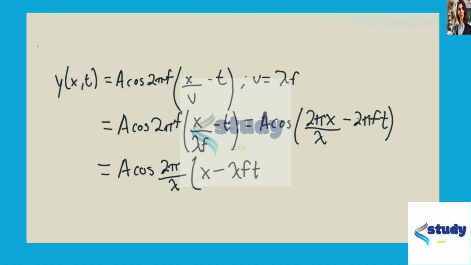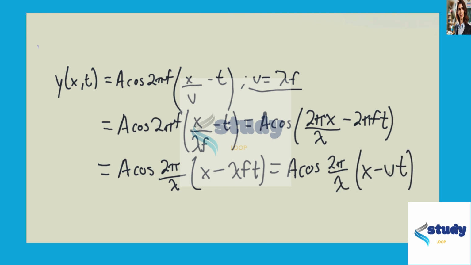So we're essentially multiplying this term by lambda over lambda in order for us to factor out 2 pi over lambda. And then we, of course, know this relationship, so we can rewrite this and say a cosine of 2 pi over lambda times x minus vt, given that lambda f equals v. So this is the given equation, and that's how we manipulate equation 15.3.